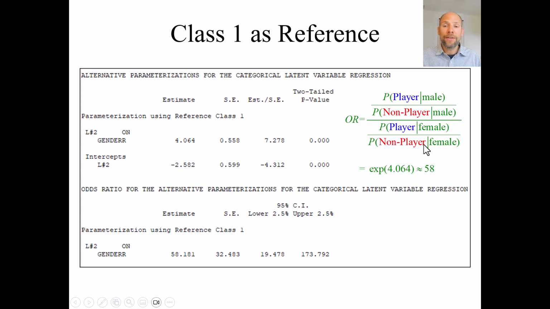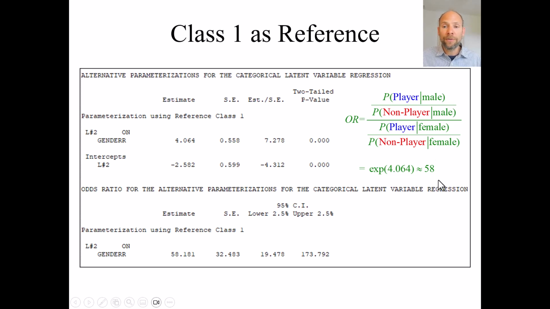And so therefore we get a different odds ratio, which again is the exponentiation of our logistic regression slope coefficient, which is now positive 4.064. And so when we exponentiate positive 4.064, we get a different number. It's no longer 0.017, it's now around 58.